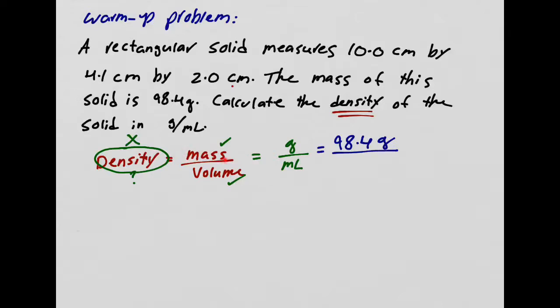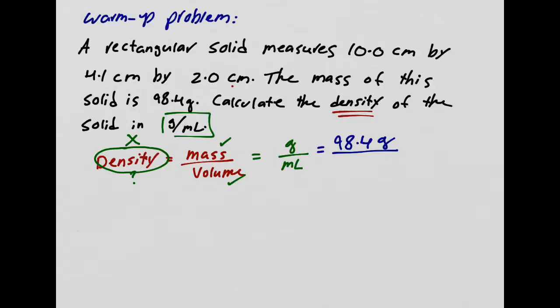So the mass is given to us, that is 98.4, and gram is the unit that I want because this is the unit they ask you for, grams per mL. Okay, so I'm okay with the mass. Now I need the volume to divide and get the density. The volume is not directly given to you, but they give you the dimensions.